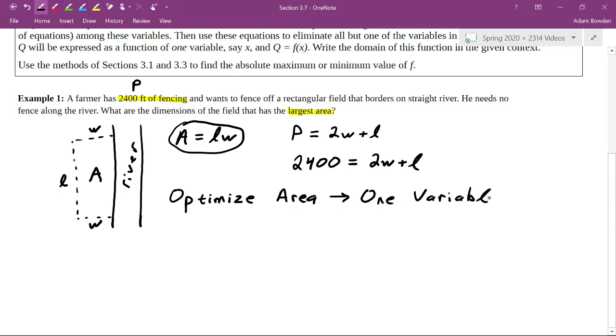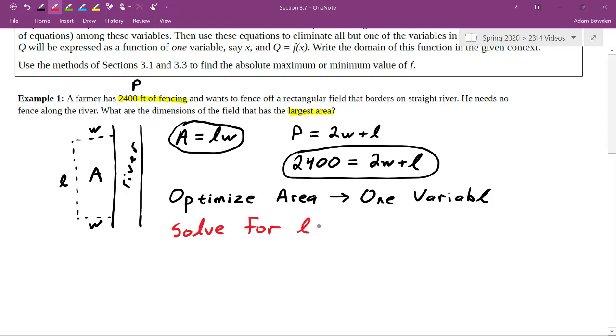We can do that by taking the perimeter equation, 2,400 equals 2W plus L, solving it for one of the two variables, and then substituting that into the area. I'm going to solve for L. So L is equal to 2,400 minus 2W.